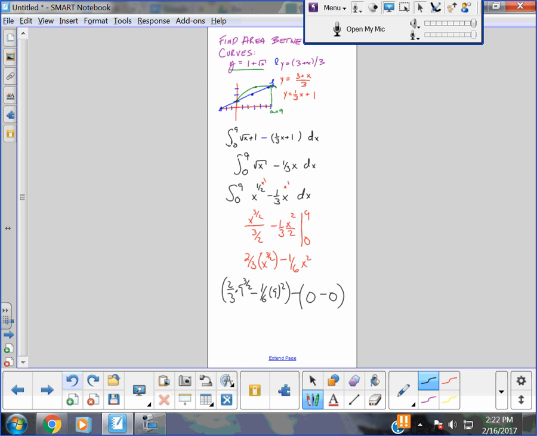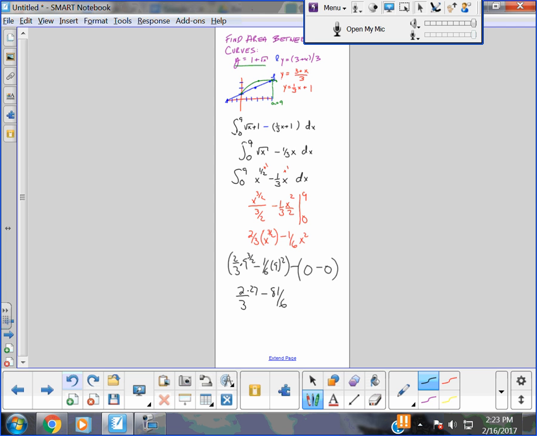So I get 2/3 of 27 minus 81/6. Suppose 2, that makes 6. So 27 times 4. If it was 25, it'd be 100. So 108 minus 81. 108, 27. 27/6, which simplifies to 9/2.